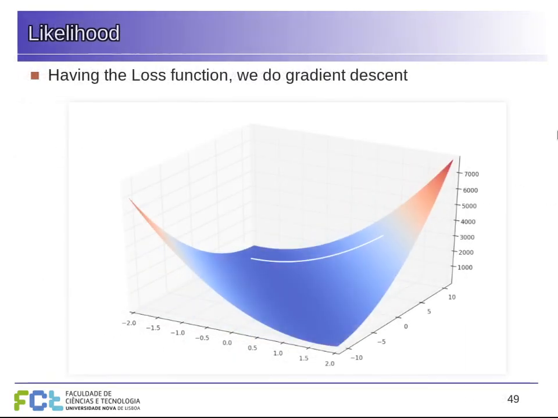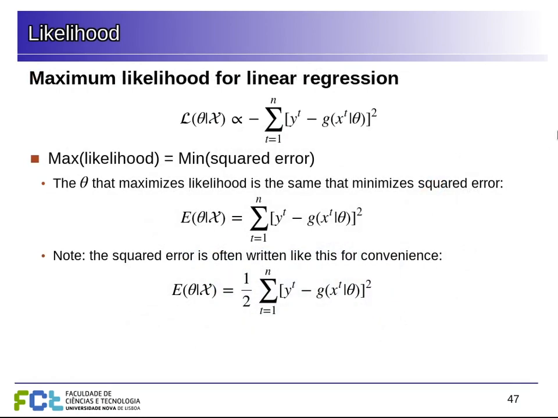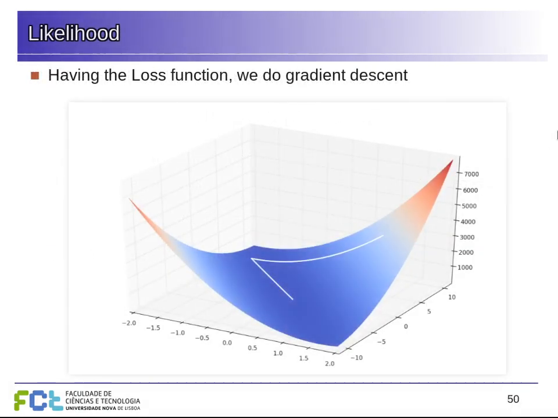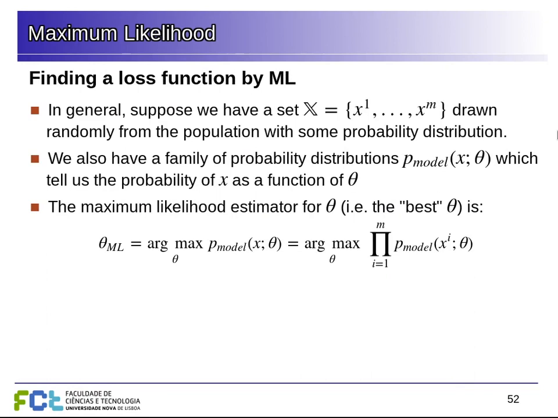And this loss function was for this particular case of a regression problem, but in general, what we always want to do is to maximize the likelihood. That is, we want to find the parameters for our model that make the data as it came out of the universe by random sampling as probable as possible. So the first thing we need is that we have this set of data, and we know it was drawn randomly from the population with some probability distribution.